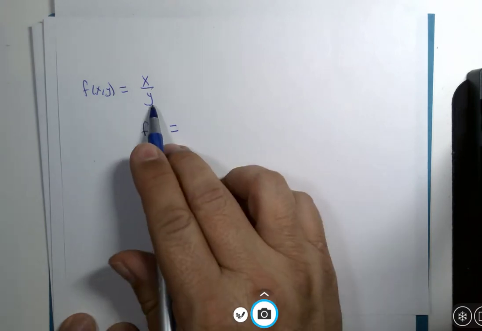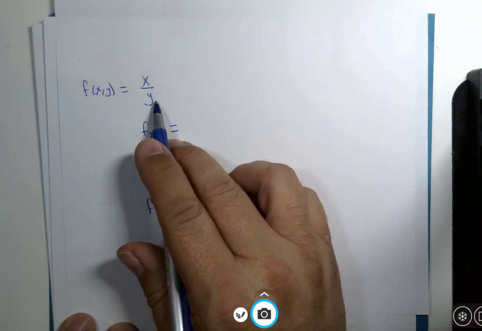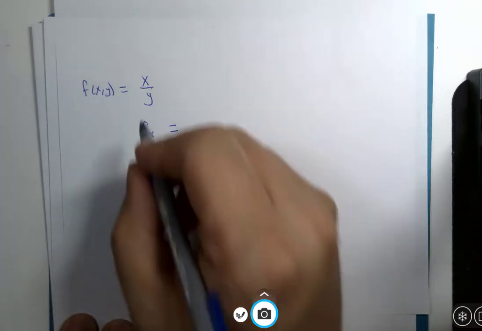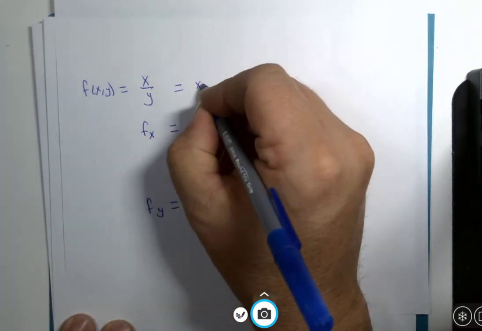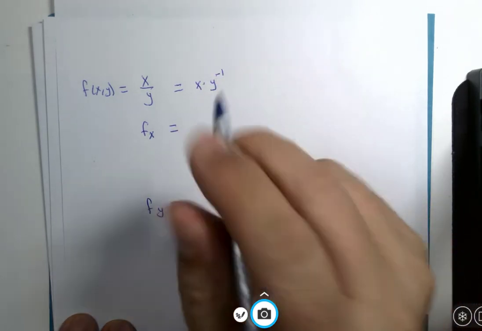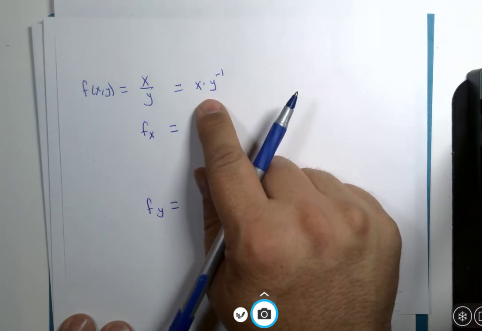You know, you don't need to write it as a fraction and make yourself suffer if fractions cause you to have little distractions that get in your way. You could write this problem as x multiplied by y to the negative 1 power, and then it looks more like the problems that we've just looked at.